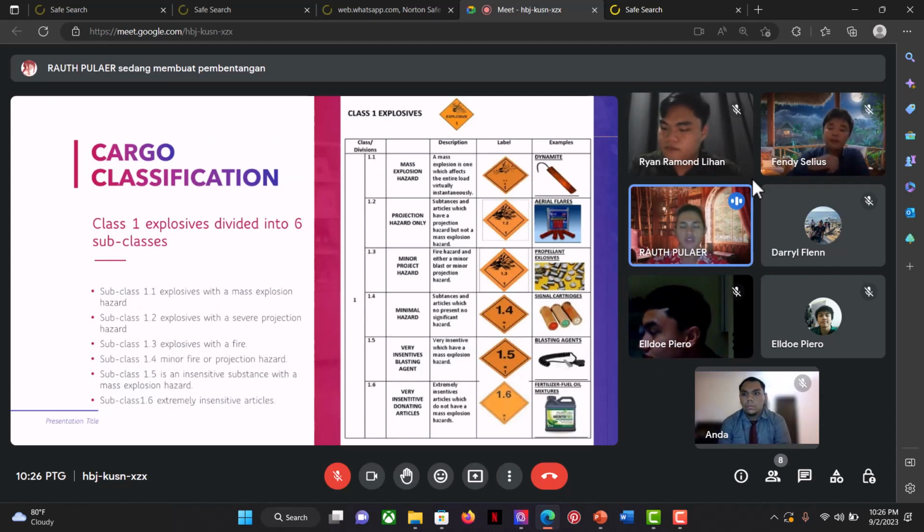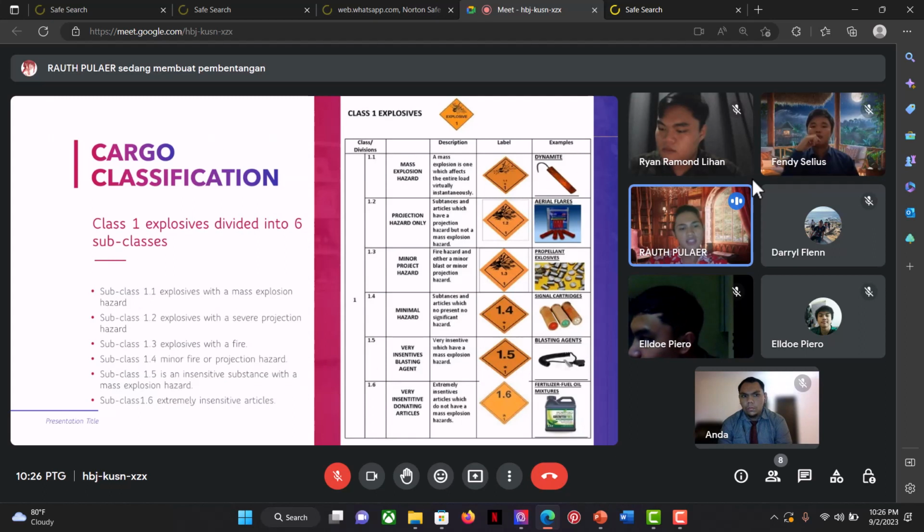Basically it means it will incinerate if any explosion occurs, and a lot of fire will be involved. Subclass 1.4 is minor fire or projection hazard. It produces explosions and projection hazards as well, however it is only minor.